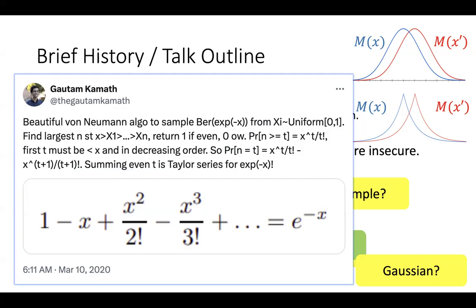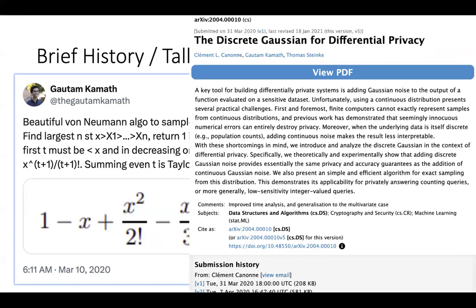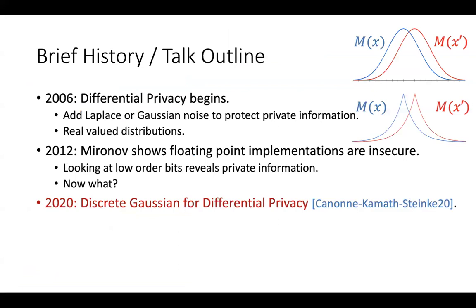So me, Gautam, and Timon started talking. Three weeks later, we had a paper on arXiv. This is one of the fastest papers I've ever written. Obviously, the first version was kind of short, and we had to do a bit more work to beef it up. But that's how we ended up with this paper. It's just a serendipitous collaboration.